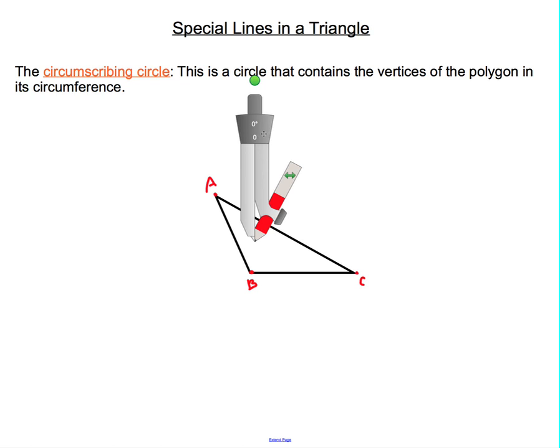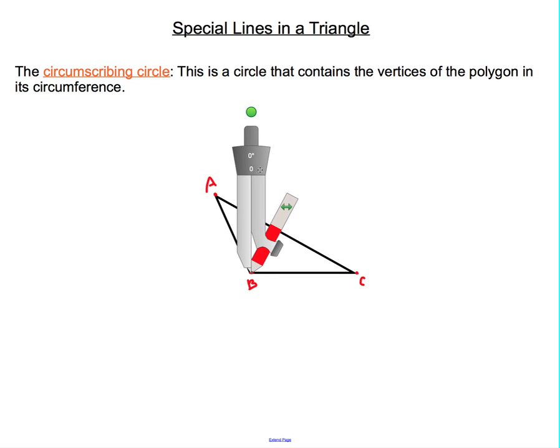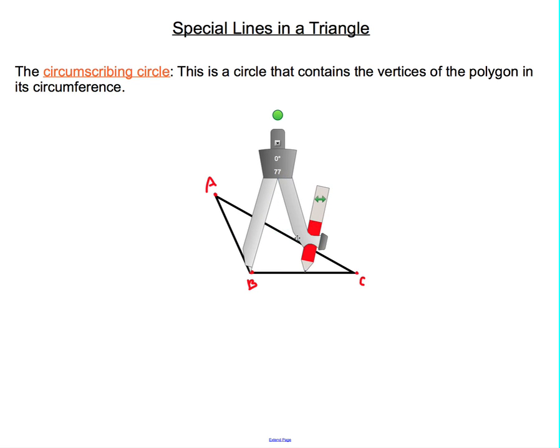You put the needle of the compass on vertex B. You open it a little bit past halfway. Let's change the color of the pen, perhaps to green.